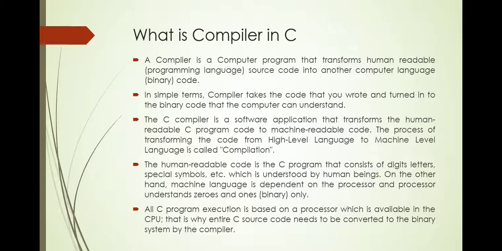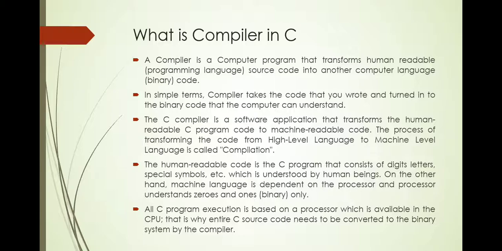In simple terms, a compiler takes the code that you wrote and turns it into the binary code that the computer can understand. The C compiler is a software application that transforms the human readable C program code to machine readable code. The process of transforming the code from a high level language to machine level language is called compilation.